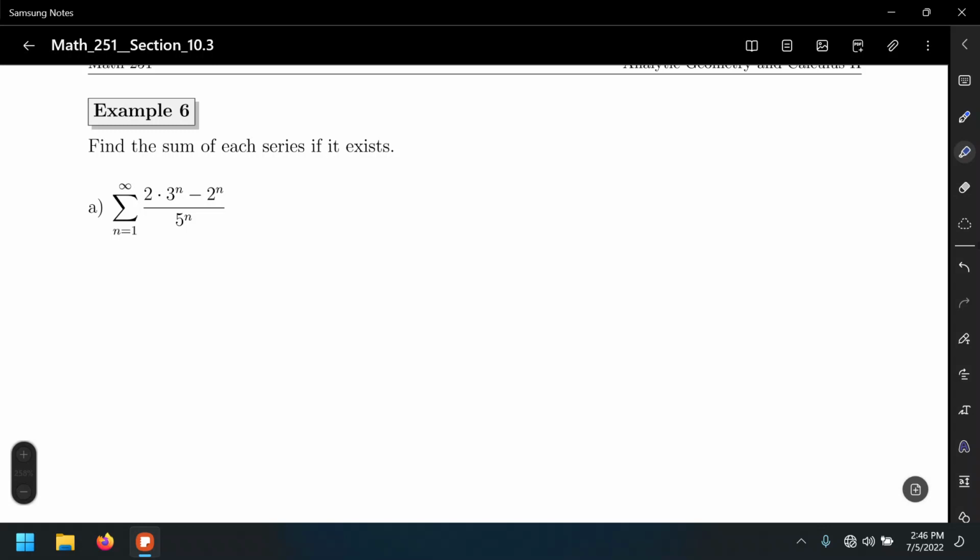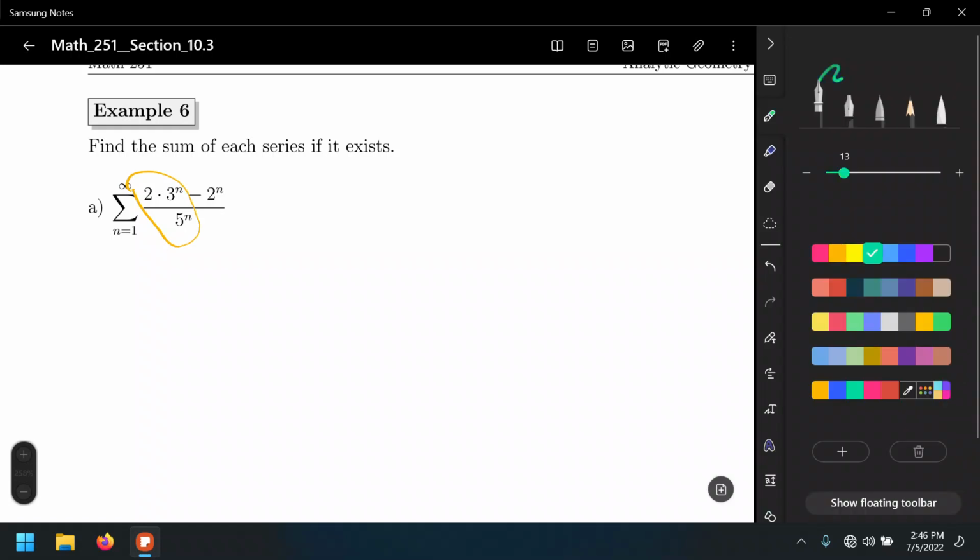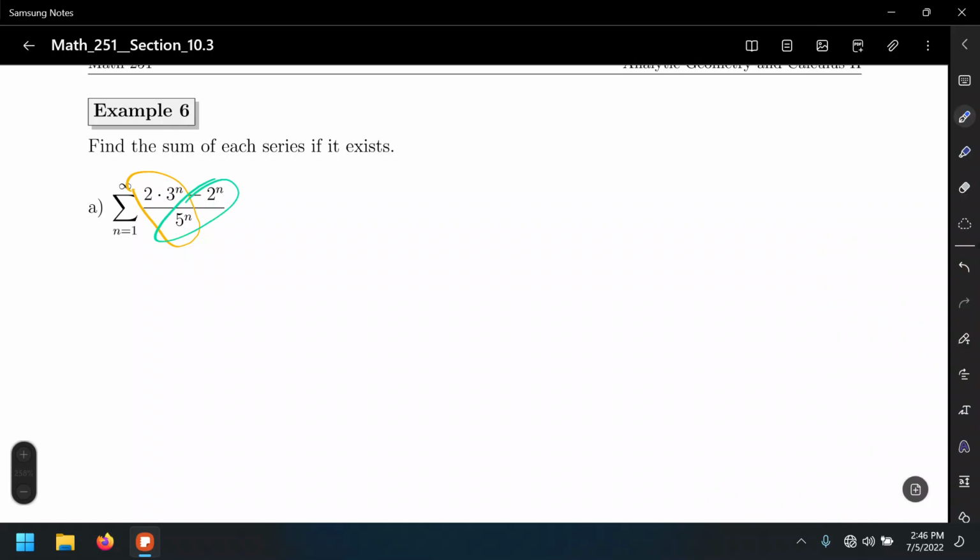Number 1, let's split this into 2 different series: sigma n equals 1 to infinity of 2 times 3 to the n over 5 to the n, minus sigma n equals 1 to infinity of 2 to the n over 5 to the n.